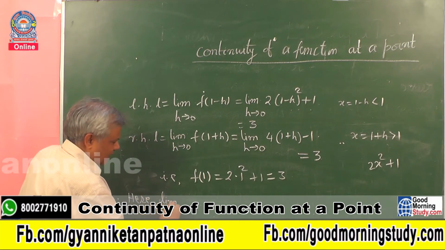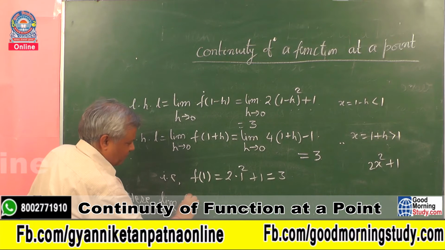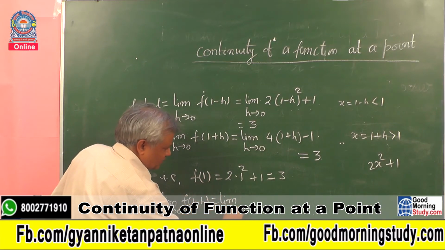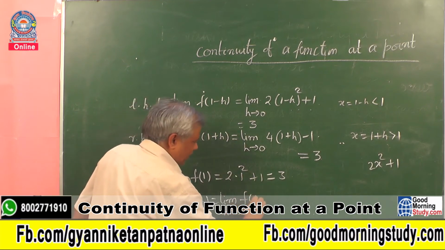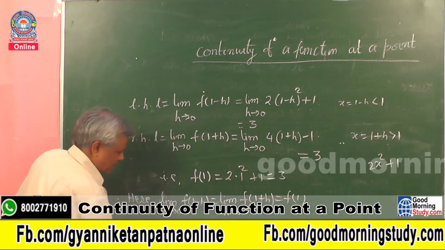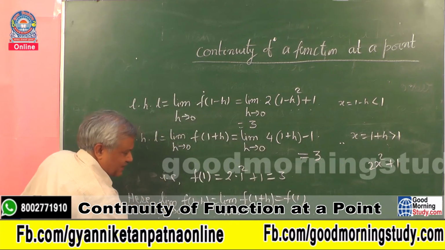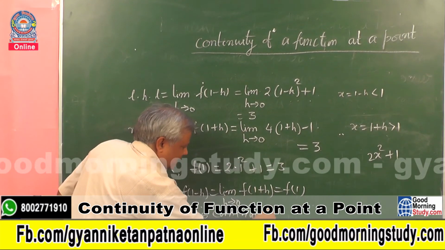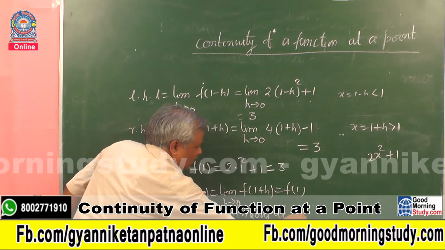Here, the limit h tends to 0 of f(1 minus h) is equal to the limit h tends to 0 of f(1 plus h), is equal to f(1). Therefore this f(x) is continuous at x equal to 1.